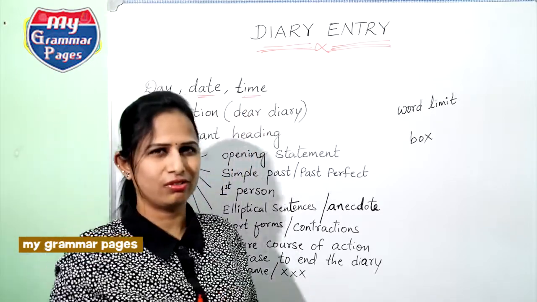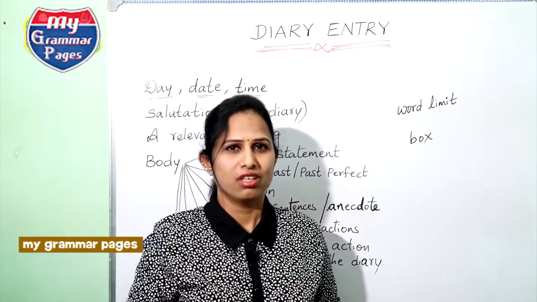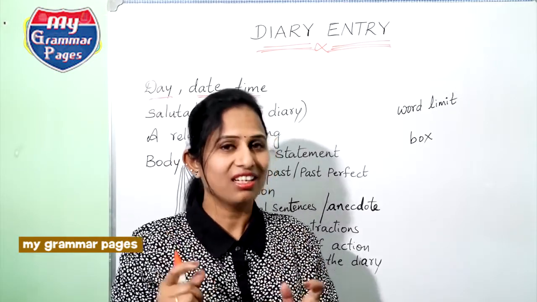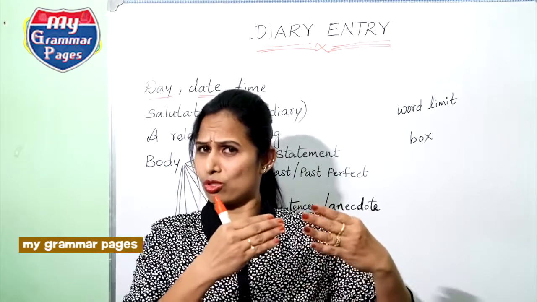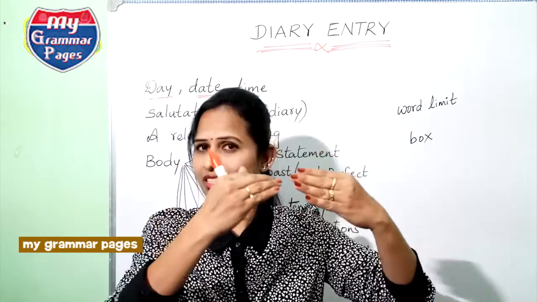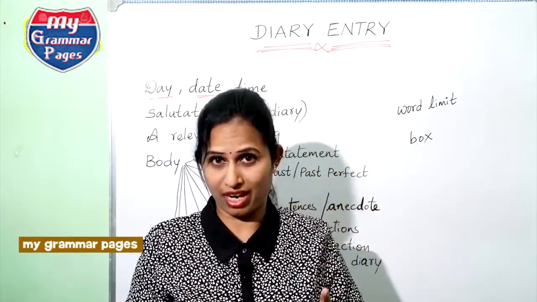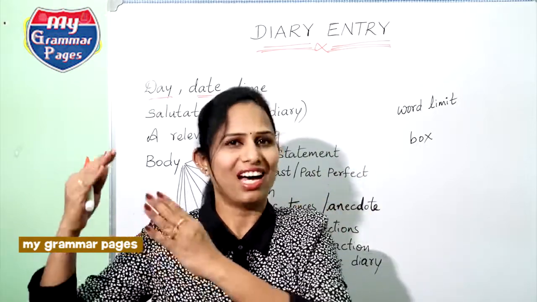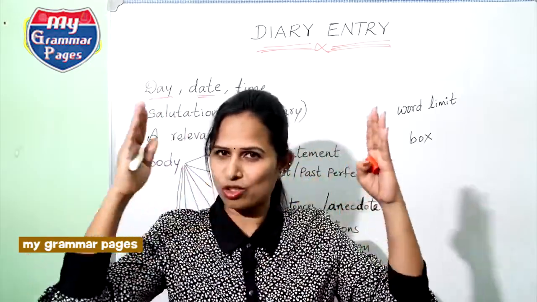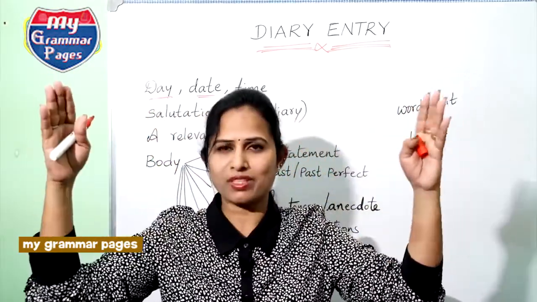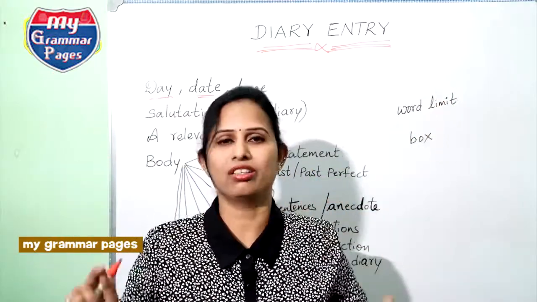Mostly people have a small confusion about where to write the day, date and the time. Are we supposed to keep all these in the same line towards our left hand side corner or our right hand side corner or the center, or spread on the top side of the box in a parallel way?